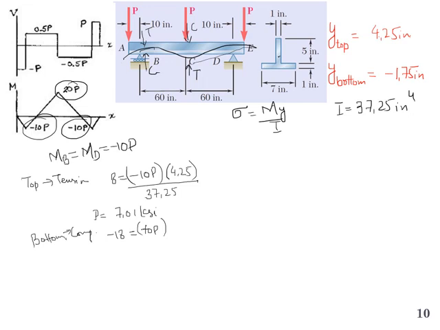Now the distance is 1.75 divided by 37.25, and the value of P will become 38.3 KSI.